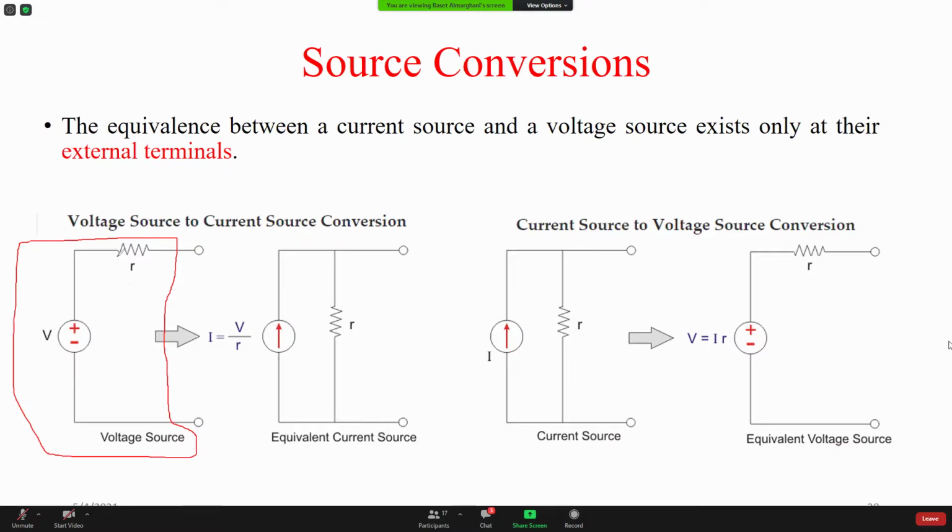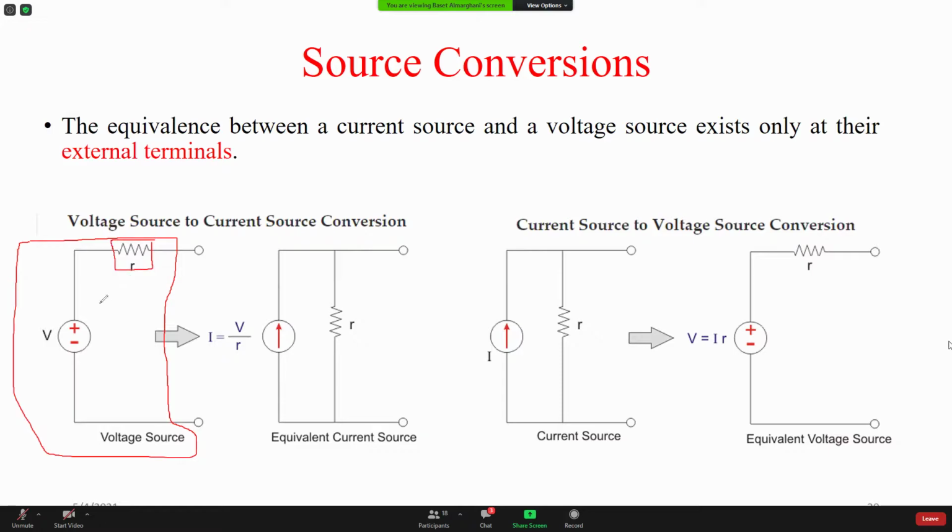The reason we have internal impedance is that there is no perfect source. It's not going to give you a fixed value whatever you connect across it. When you start loading, the voltage is not going to be exactly the rated voltage. It will drop a little because of this resistance.